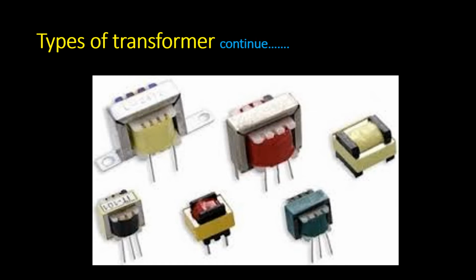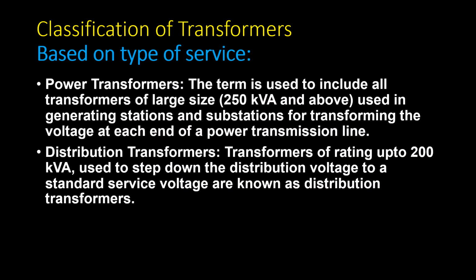This type of transformer is basically used to step down the voltage. It means if you want to reduce the voltage level, then we have such types of transformers. Okay, so now we will discuss all different types of transformers in detail.